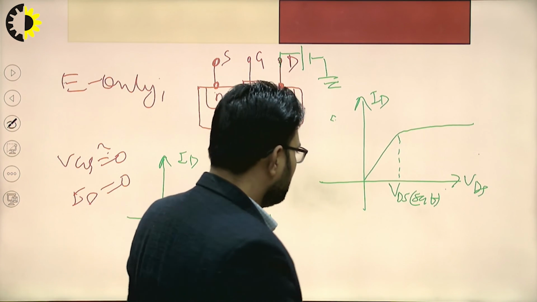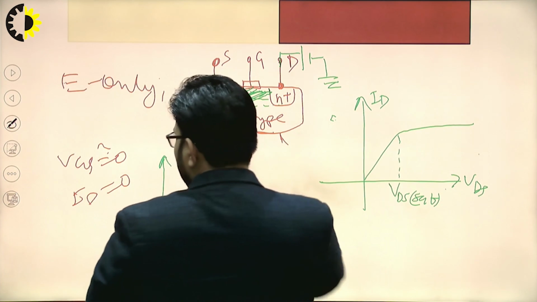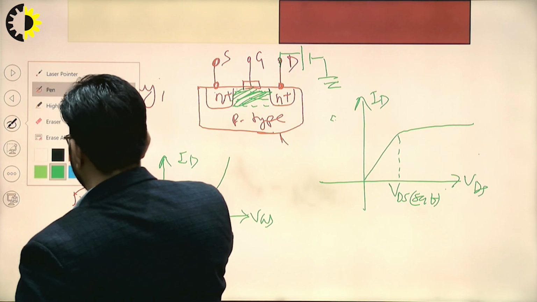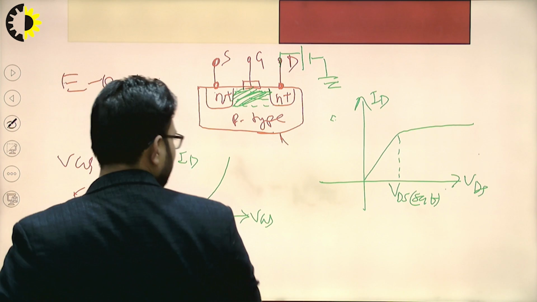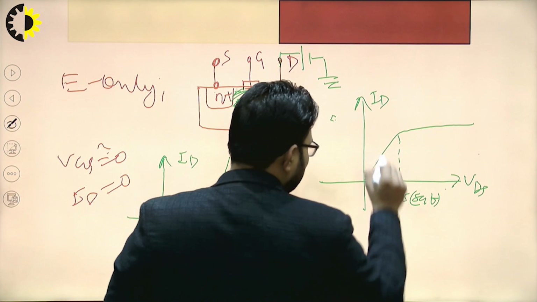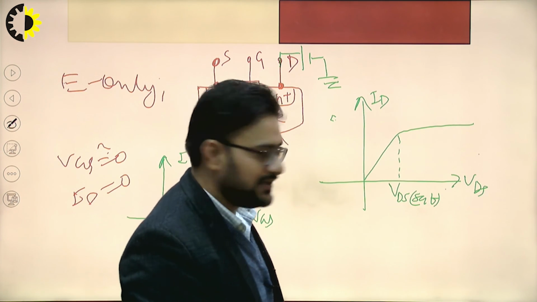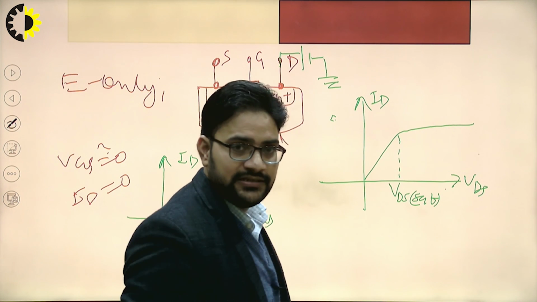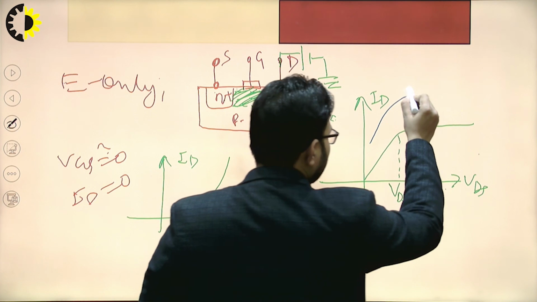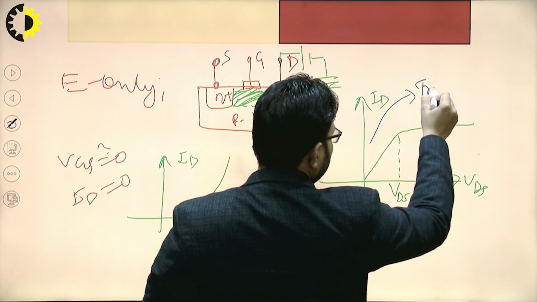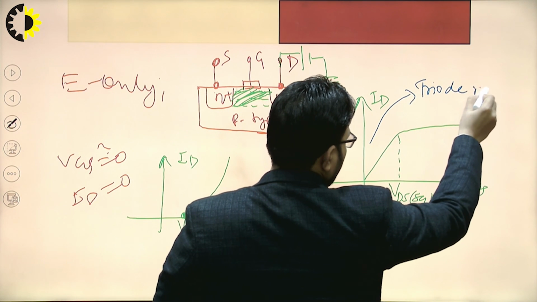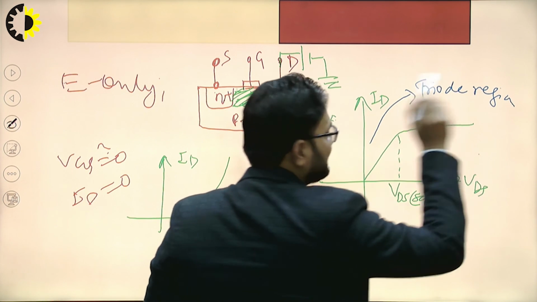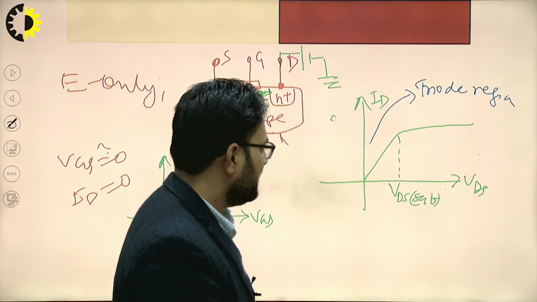Right? So if you want to define the different regions, this region, when the current ID is varying linearly with respect to VDS, is called the triode region or linear region, right?